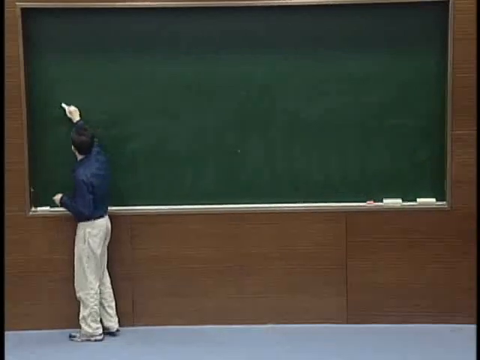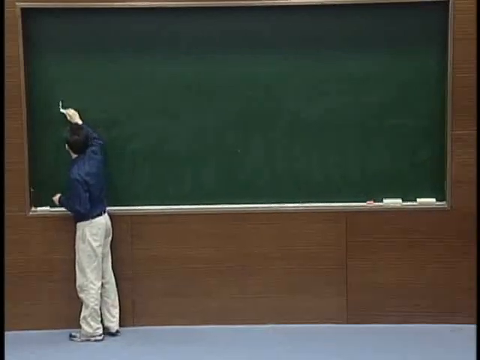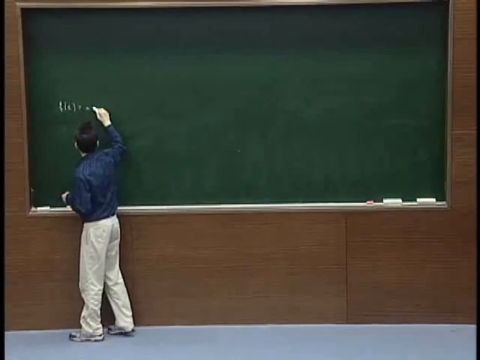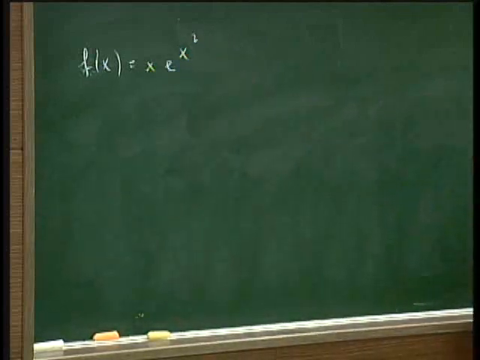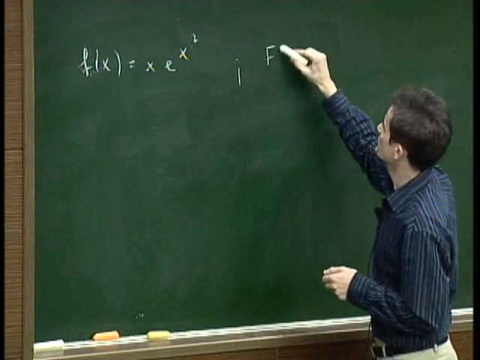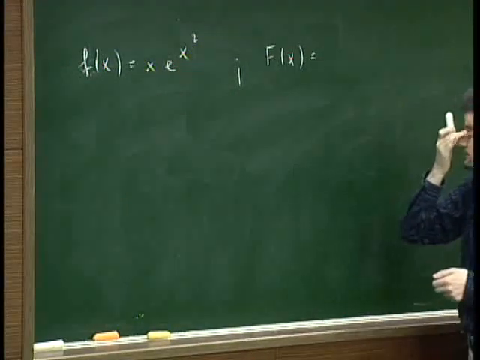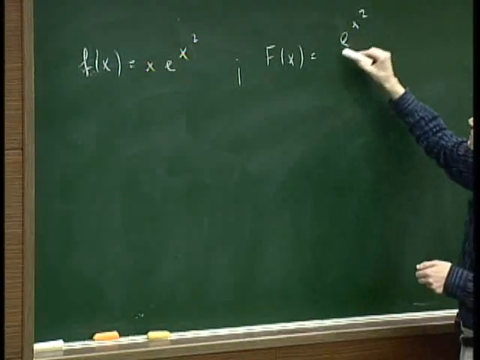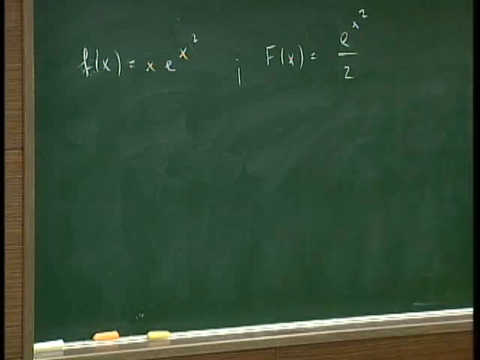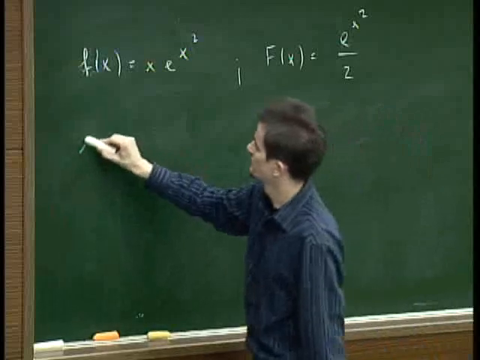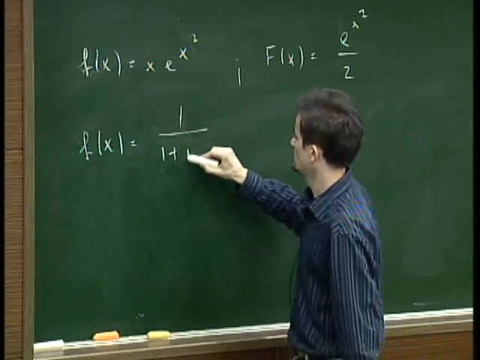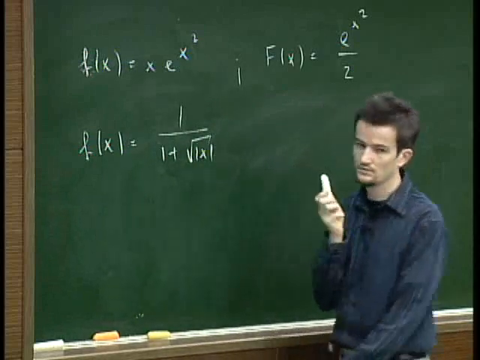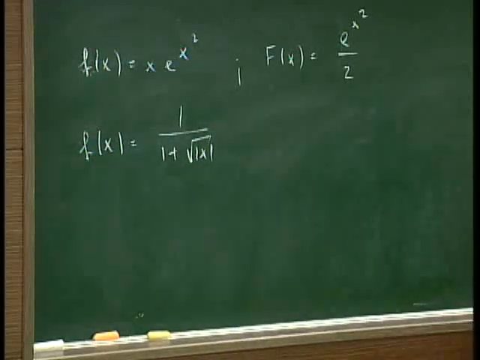Now, for instance, if you look at this function here, it's easy to guess the antiderivative. Most of you are certainly able to guess that the antiderivative is e to the x squared over 2. Now, how about this one?